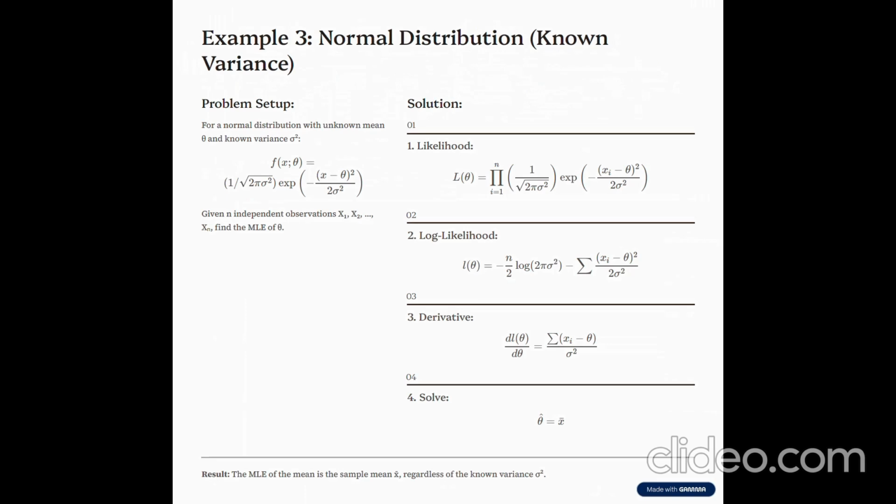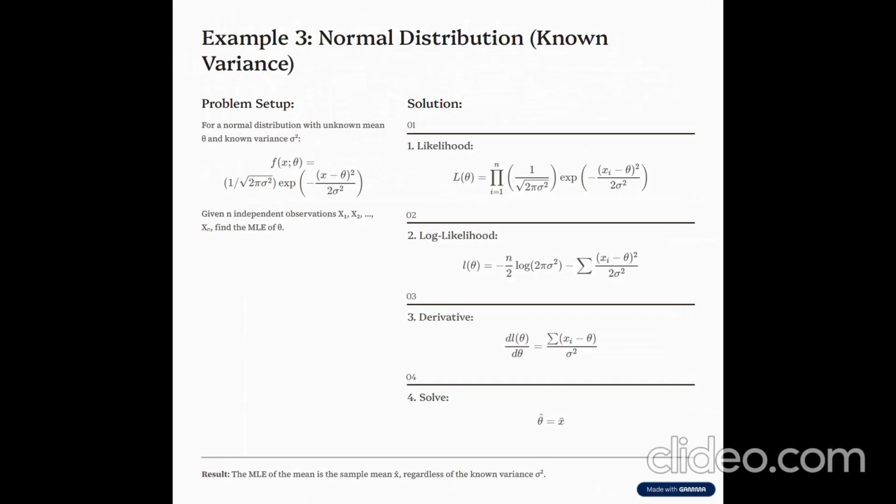As we derive the maximum likelihood estimator, we find that the sample mean remains our best estimate for the population center, confirming that even with the known variance, the simple average is our most powerful tool.